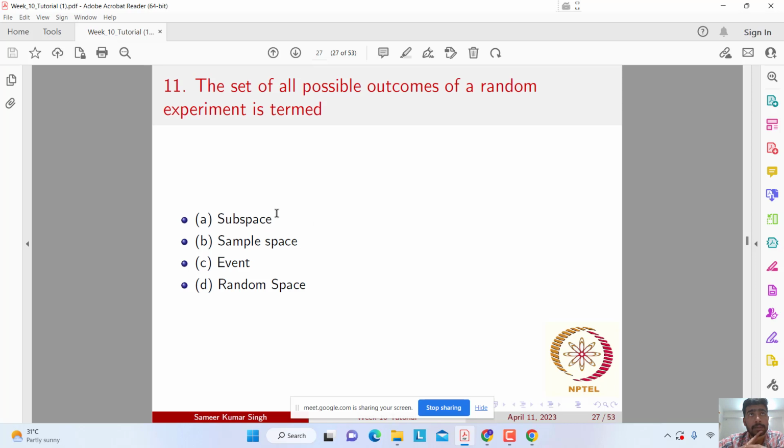I think it's clear to everyone. Can we go next? Okay, Ramasri, can we go for the next question? It's clear, right? What is sample space, subspace, event, or random space?